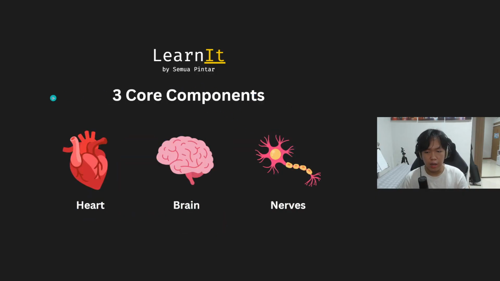Here I have listed down 3 core components which are very similar in a human body and in a computer. The first one is of course the heart. Second one's the brain, and third is the nerves. So the heart allows you to actually live, because the heart pumps blood around your body.